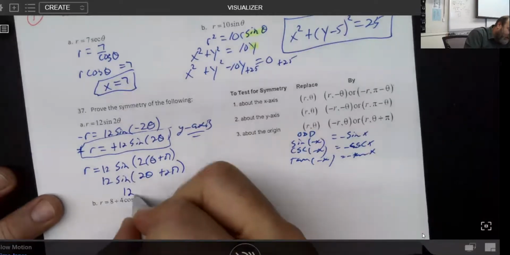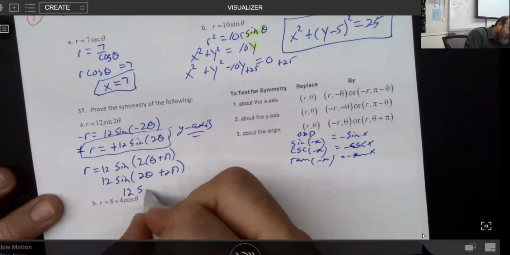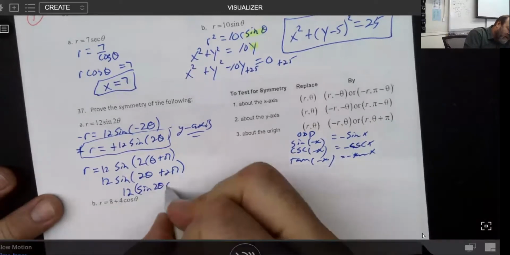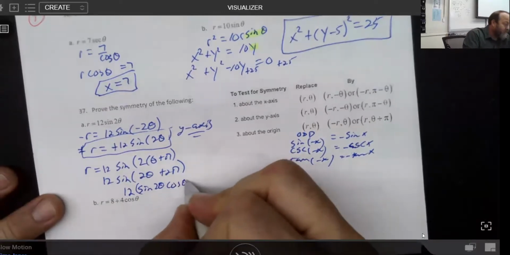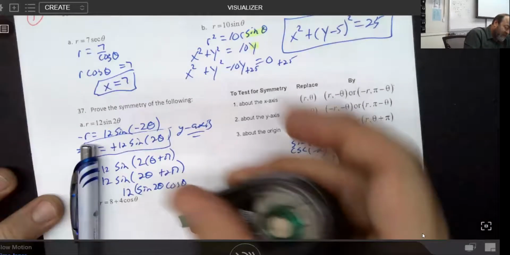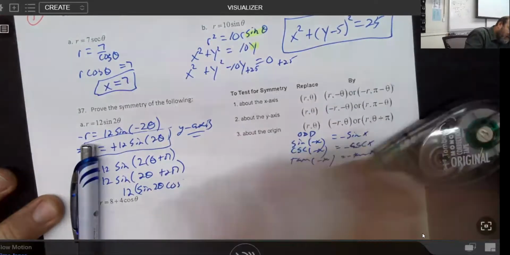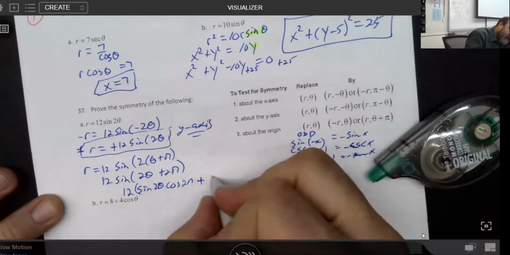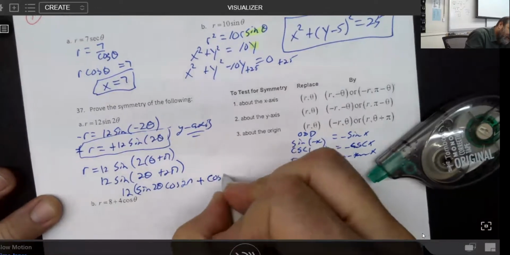So we start out with the sine of the first, cosine of the second. Oops, I put a theta there and I shouldn't have. 2 pi. And I'm going to go with a plus, a cosine of the first, and a sine of the second.